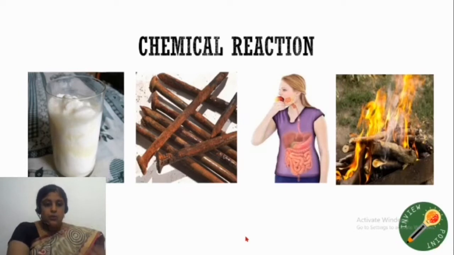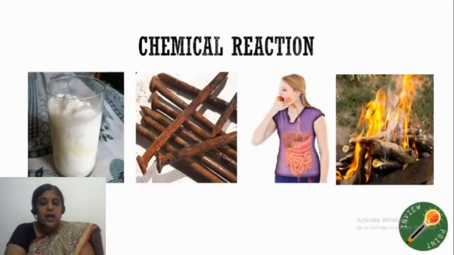When you eat food, the complex food gets digested in our stomach and is converted to its simpler form, glucose. So digestion is an example for chemical reaction. Similarly, respiration is an example for chemical reaction, and burning of wood, that is also an example for chemical reaction.